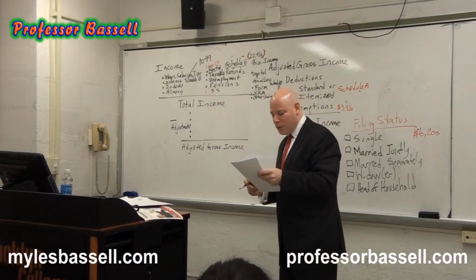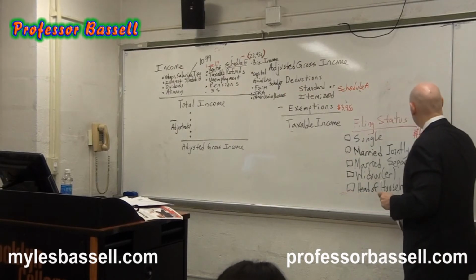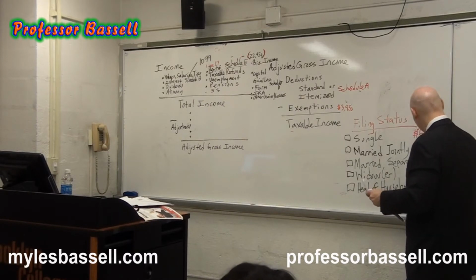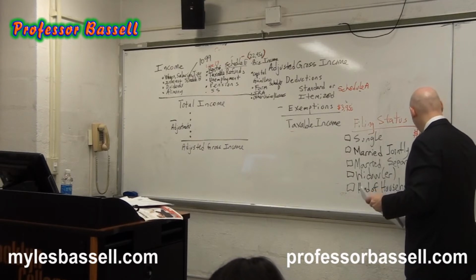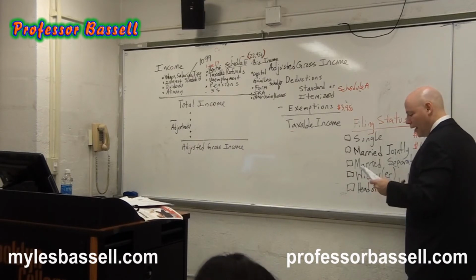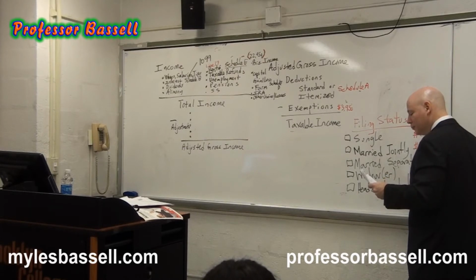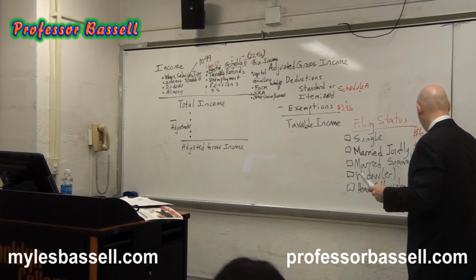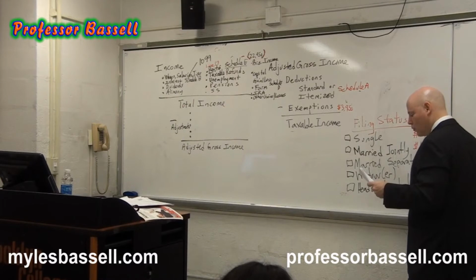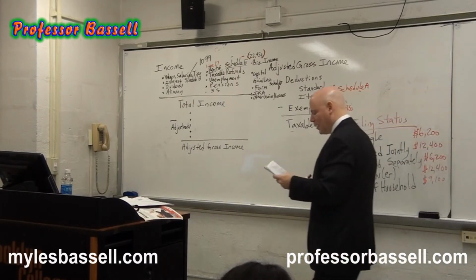For married filing jointly it's $12,400. Filing separately, $6,200. For qualifying widower, $12,400. And for head of household, $9,100. Last year was $8,950.